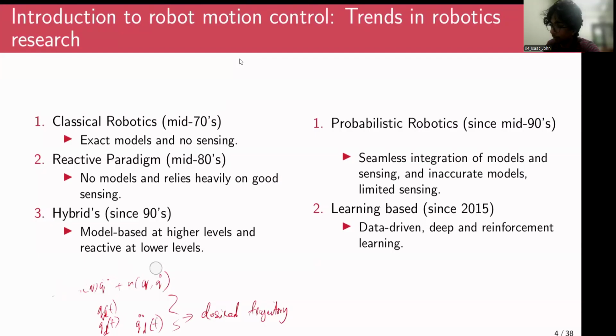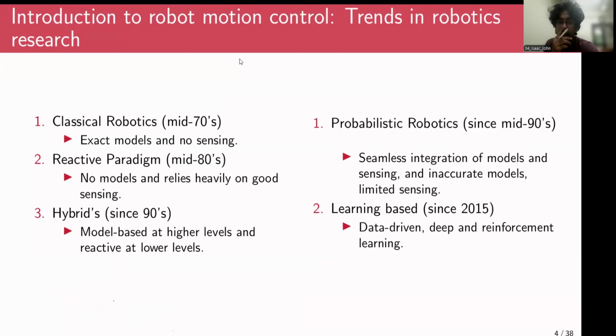And during the mid 80s, with the advancement in sensors and related technologies, we shifted to relying entirely on sensing. No models, but we rely heavily on sensing. For example, the classic PID control, which can be written as probably the control vector would be, a proportional gain multiplied by the difference between the desired and actual positions.